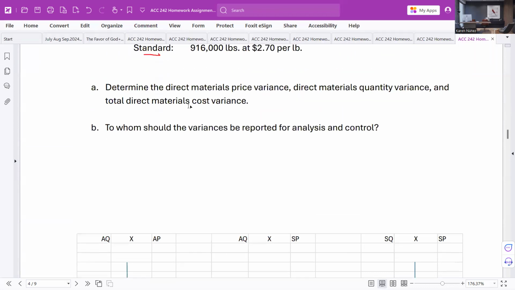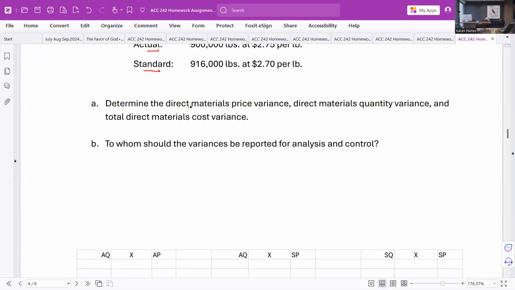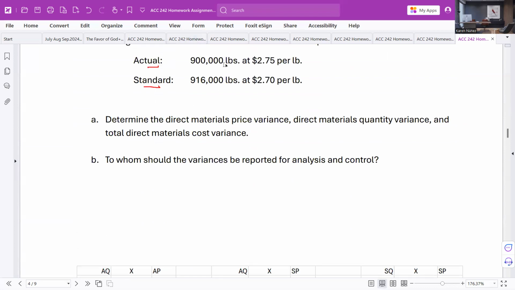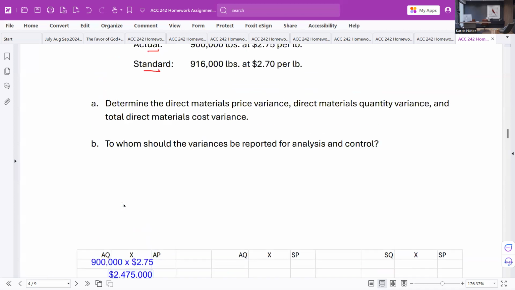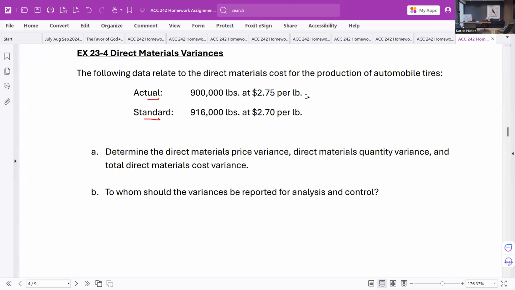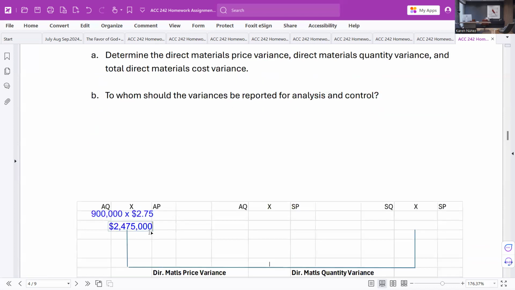So the actual quantity is the 900,000 pounds at 275. 900 at 275 is 2,475,000. That's the actual cost of the materials. 900,000 pounds at 275 is 2,475,000.